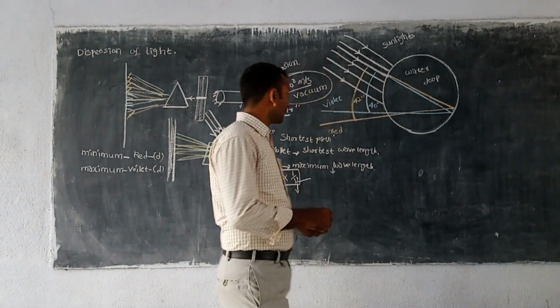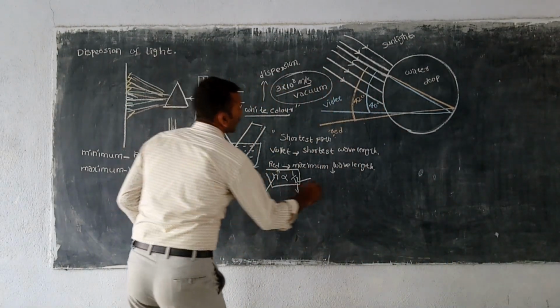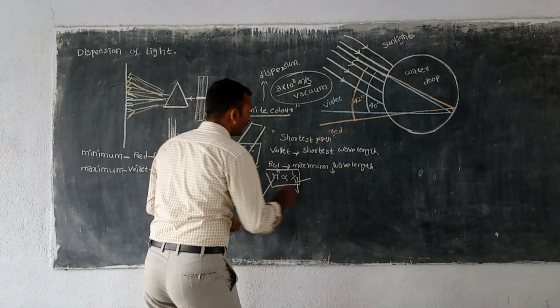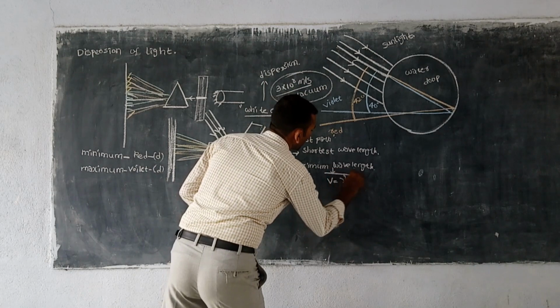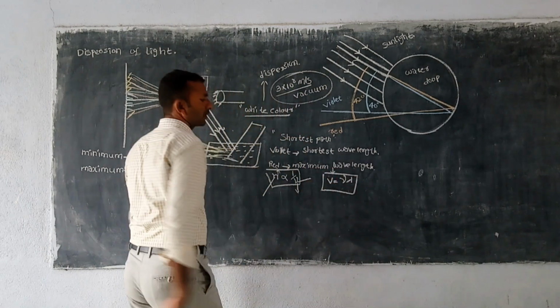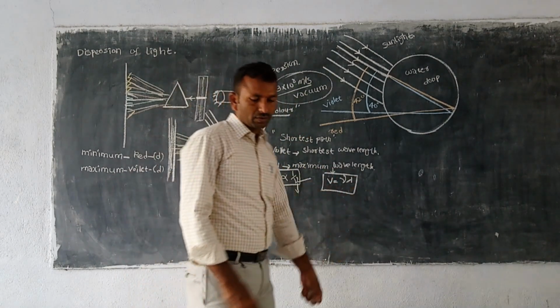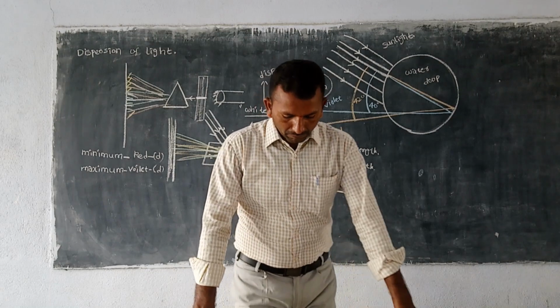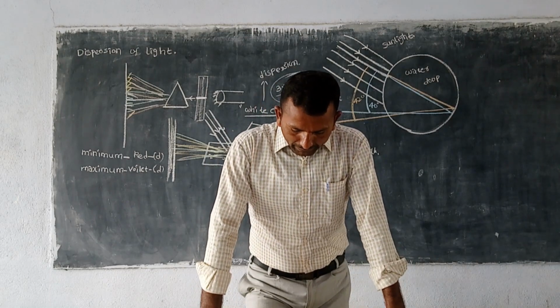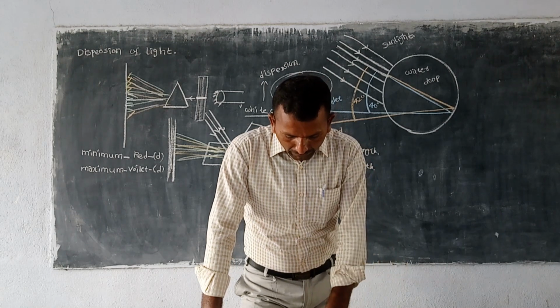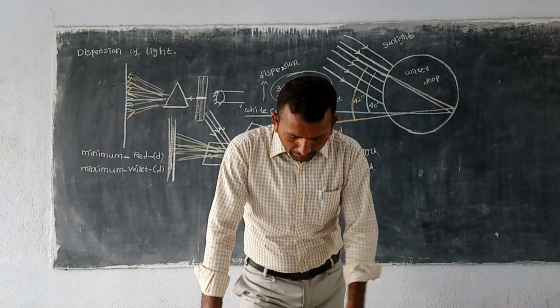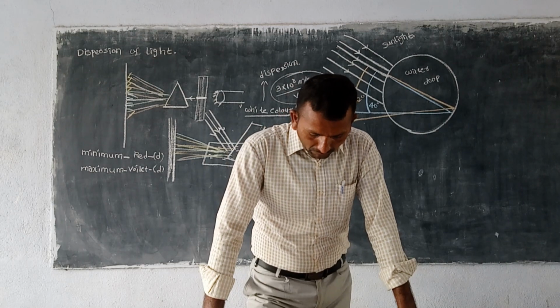And we know the relationship between the wavelength and frequency: v equals nu lambda, where v is the speed of light, nu the frequency and lambda the wavelength. For refraction at any interface, v is proportional to lambda. Speed of the wave increases with the increase in wavelength of light and vice versa.